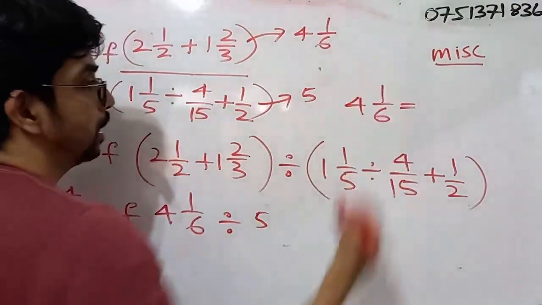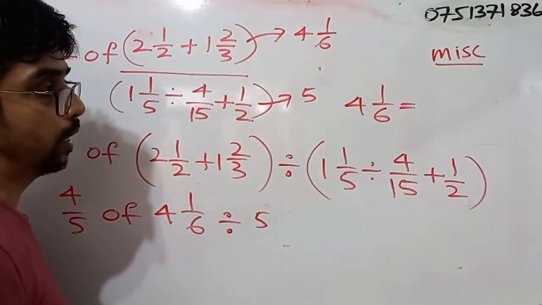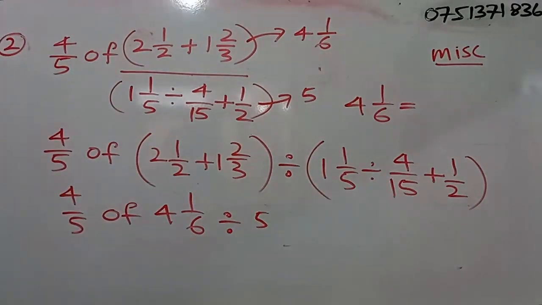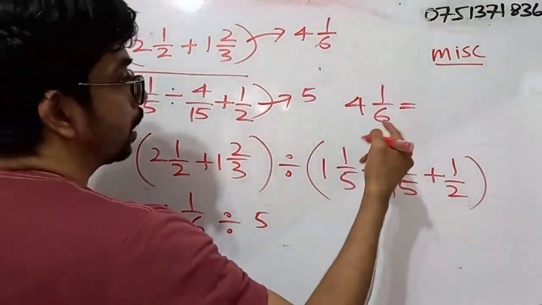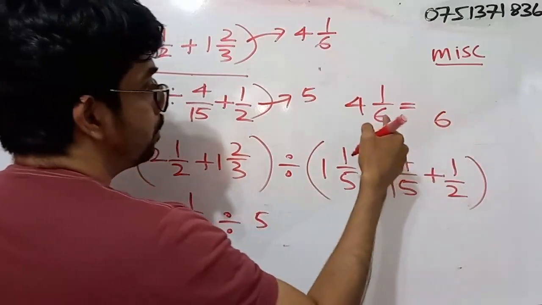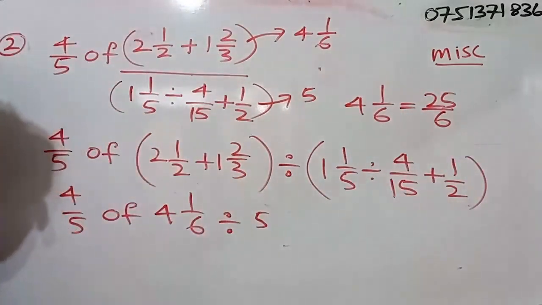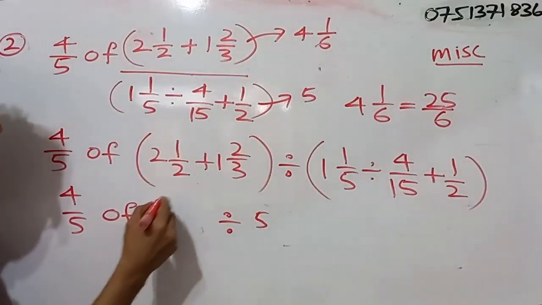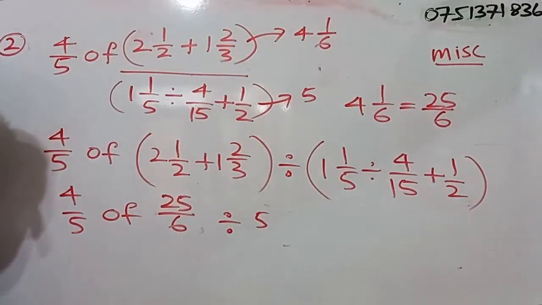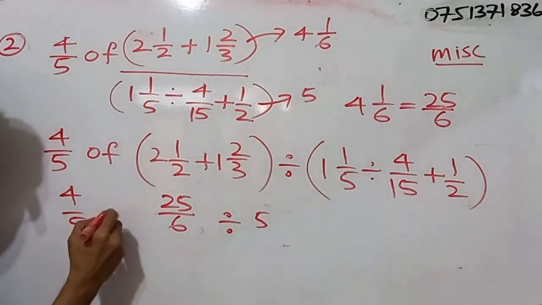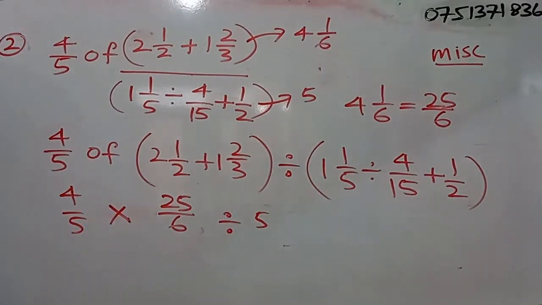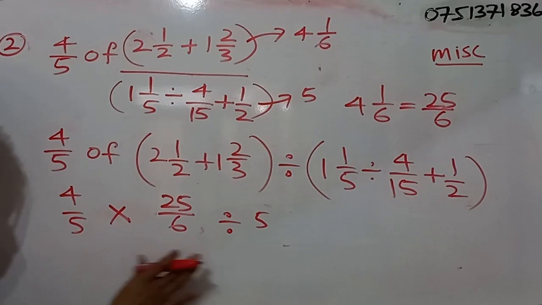When we convert this mixed number into an improper fraction, the denominator will be the same. 6 times 4, that is 24. Add the 1, this becomes 25. So I can write 25 by 6 here. And this "of", I will replace it by using a multiplication symbol.